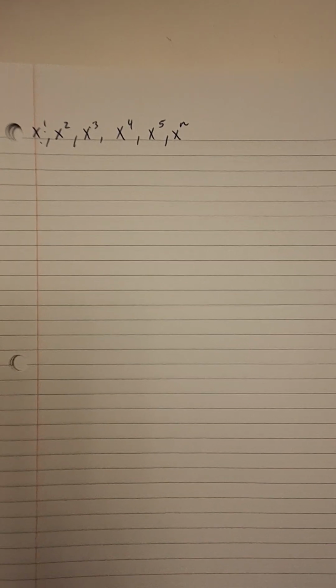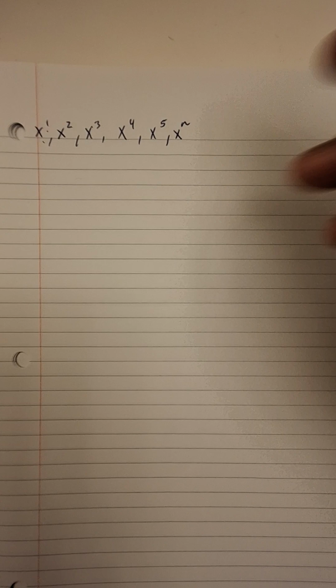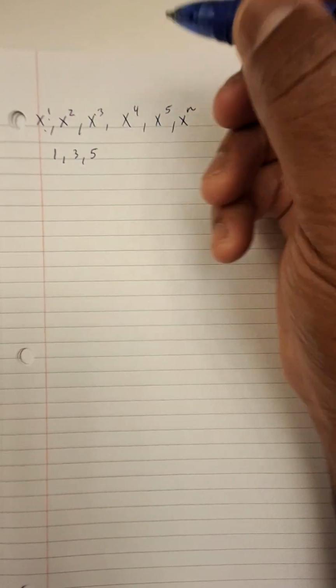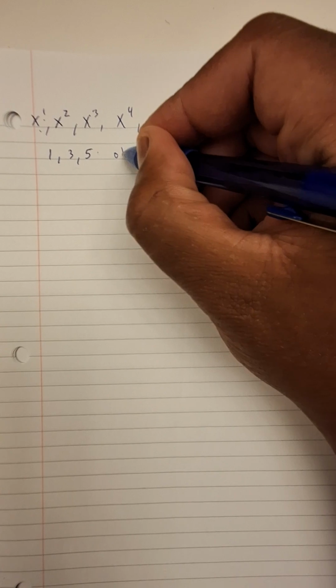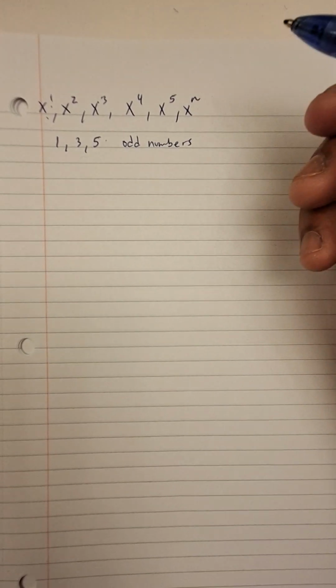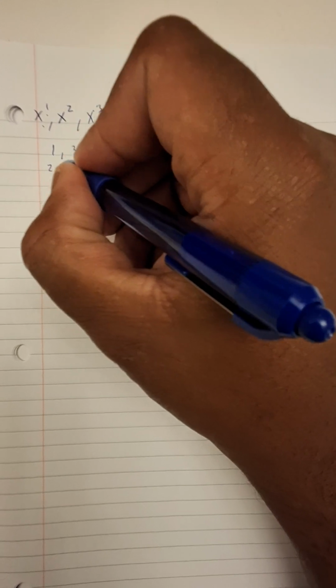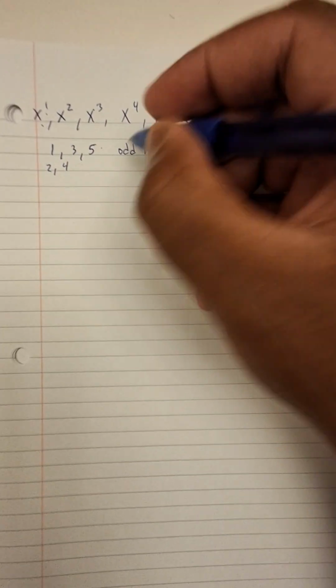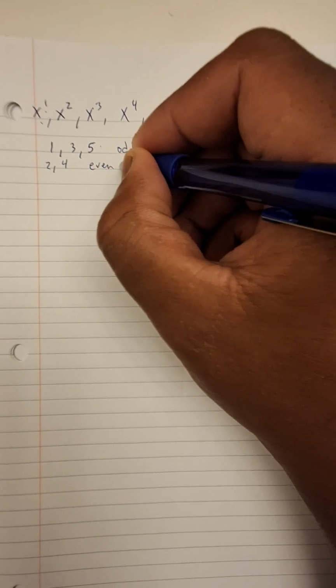Now the interesting thing about these parent functions is that they all behave kind of similar, kind of different. From grade school, we know that 1, 3, 5 are odd numbers, and numbers like 2, 4 are even numbers.